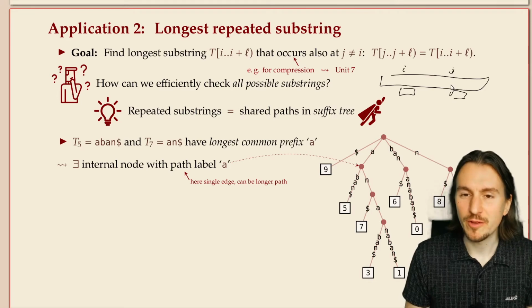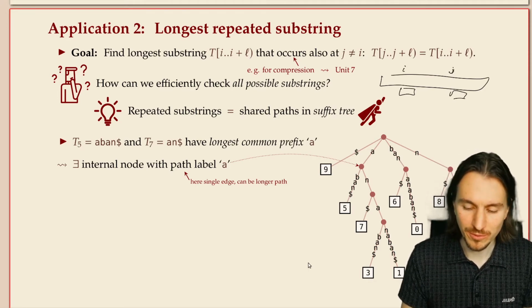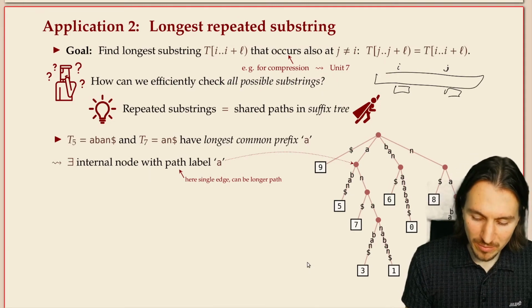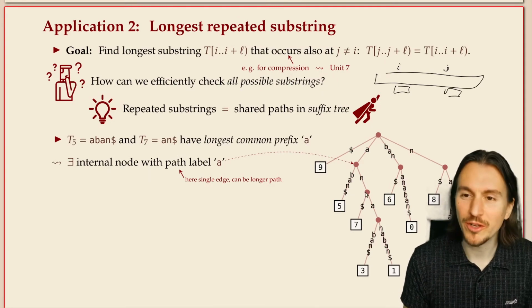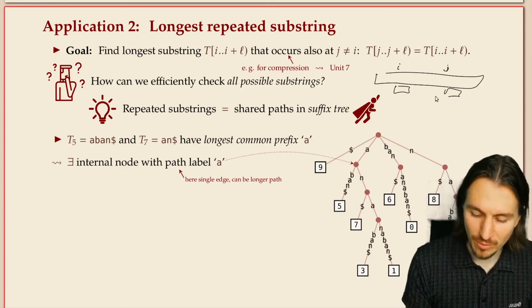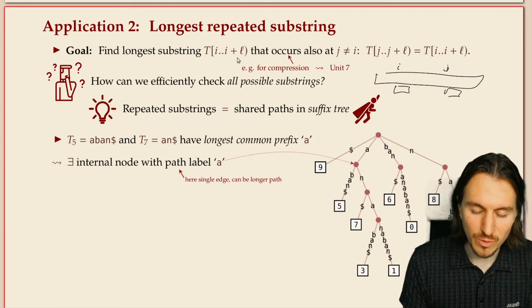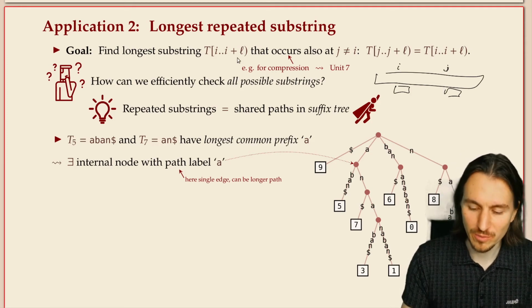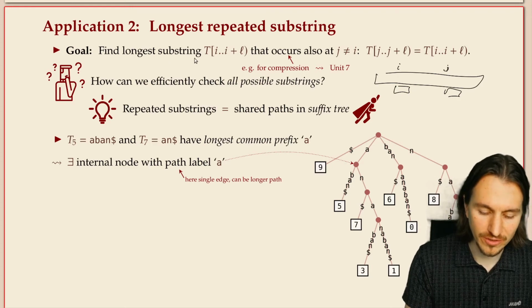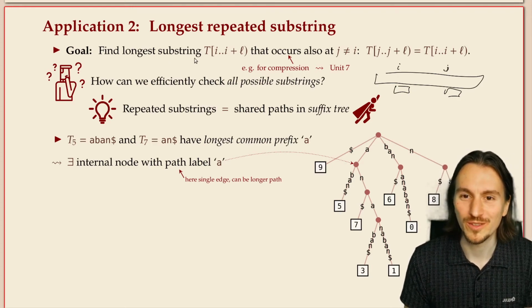And they both start with the same shared substring. That means they both lead to a certain point in the suffix tree, and then potentially branch off in different directions. In this application, we know they branch off in different directions, otherwise we would have a longer substring that is also shared, so we could just go one more character.